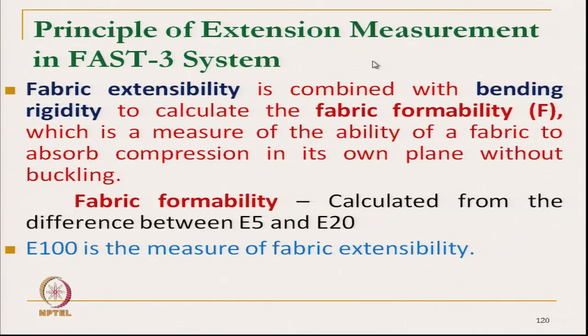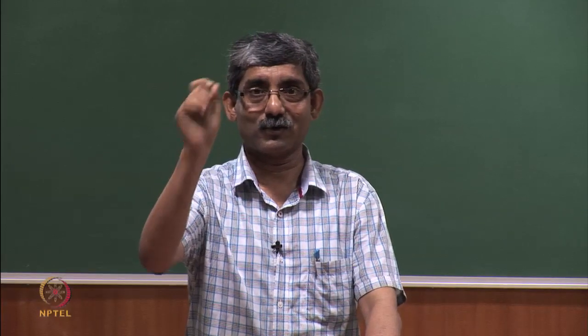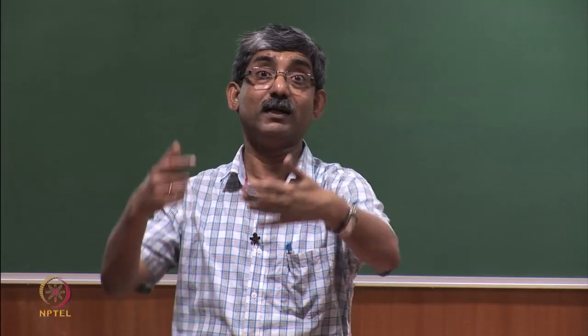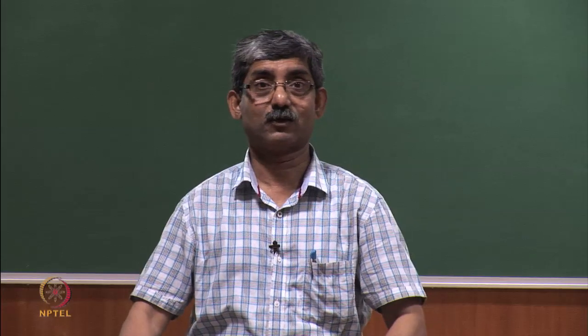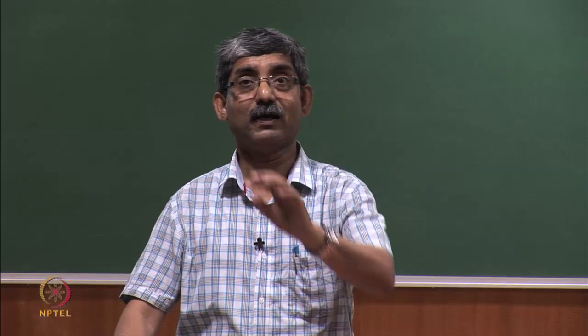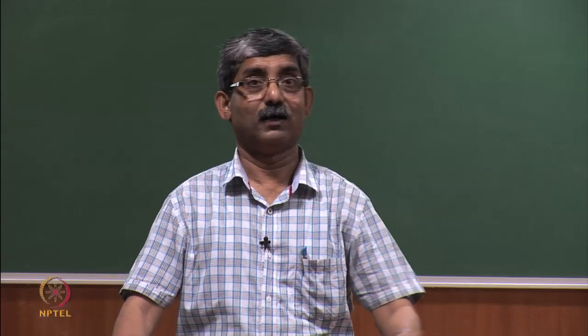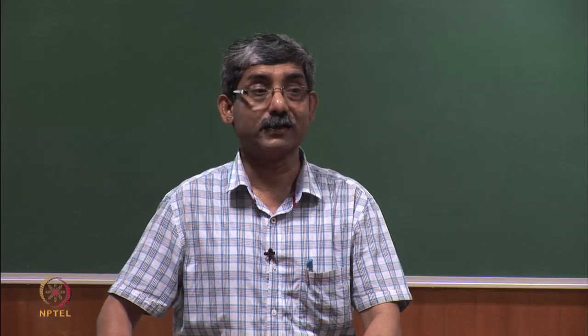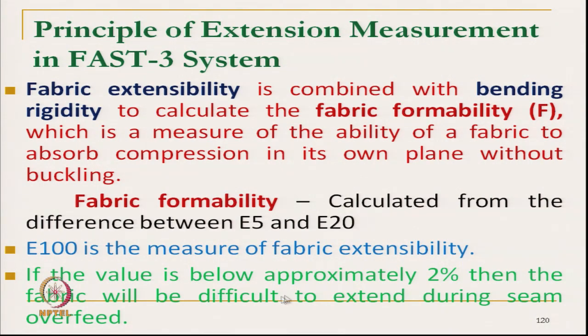So, simply we have to hang a constant weight and note down the extension data, but the instrument automatically notes down the data from its software, and it calculates the formability value in combination with the bending rigidity value. If the value is below approximately 2%, that means with this E100, then the fabric will be difficult to extend during seam overfit. So, that extensibility we can get an idea.